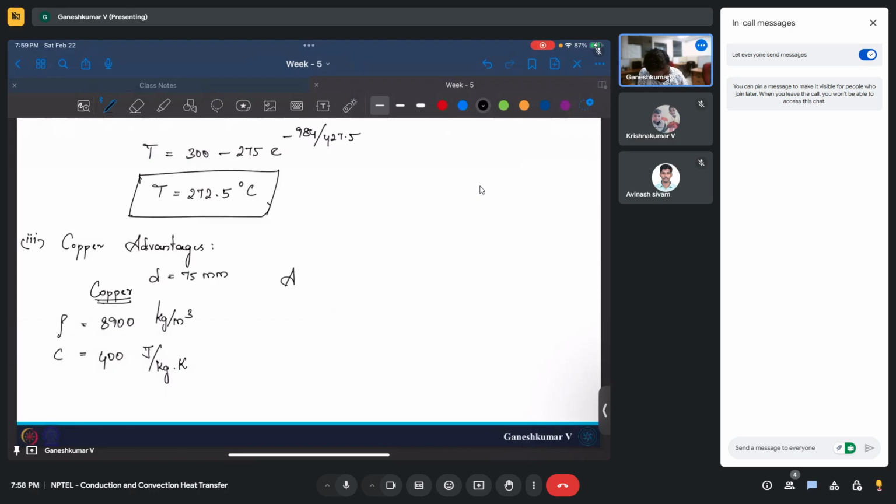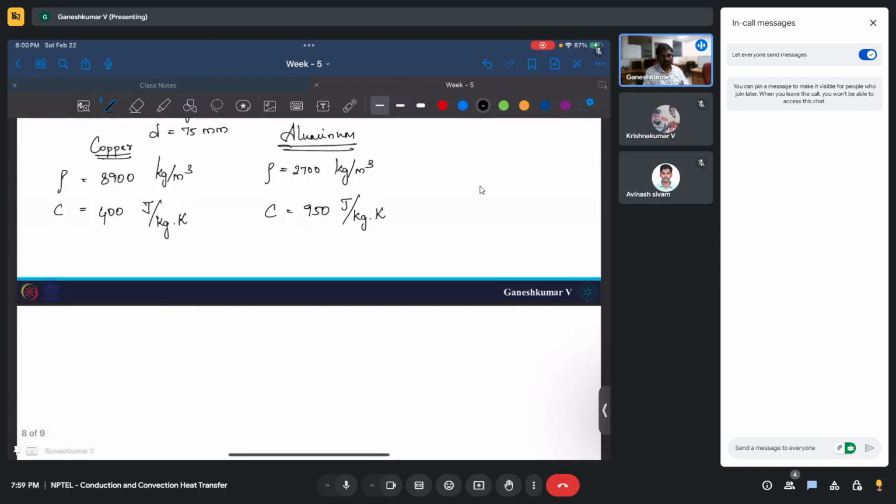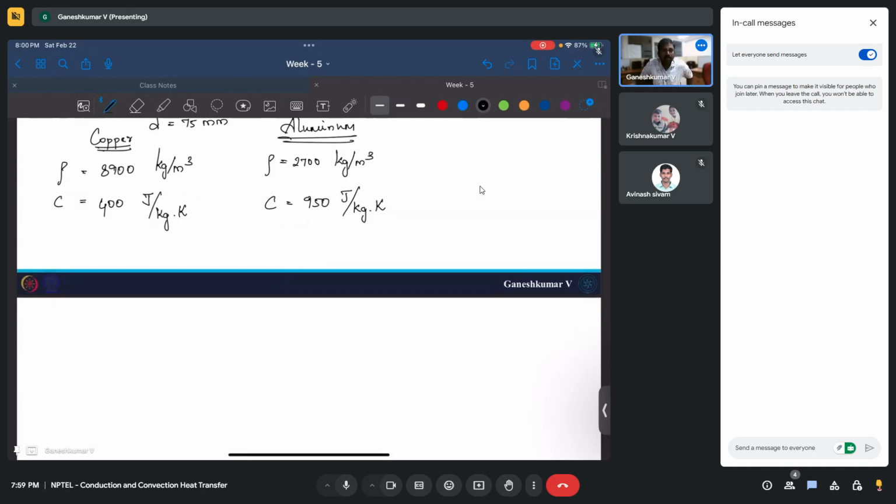Till now I have been using an aluminum ball whose density was 2700 kg per meter cube, and Cp is 950 joules per kg Kelvin. Now I want to change it to copper. So what will happen if I change it to copper? The amount of heat content, how does it vary?